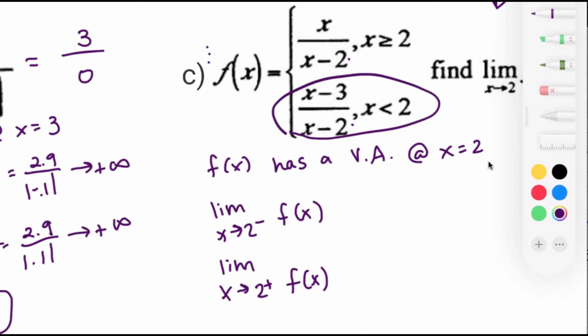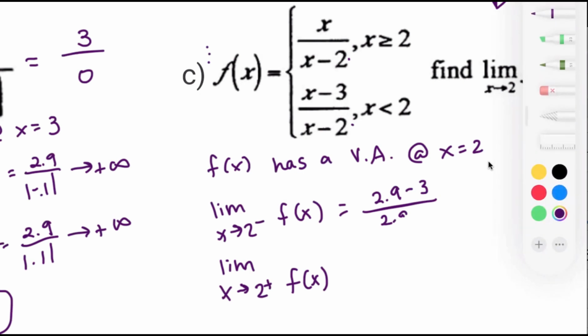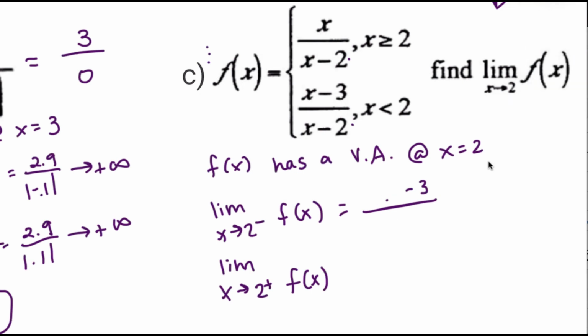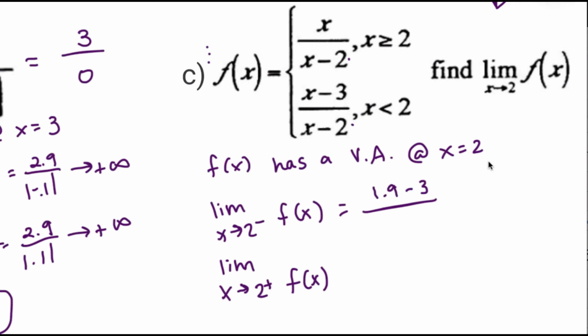So that will equal 1.9 minus 3 over 1.9 minus 2. That equals negative 1.1 over negative 0.1. Overall, I can see I have a negative over negative, so this is going to positive infinity.